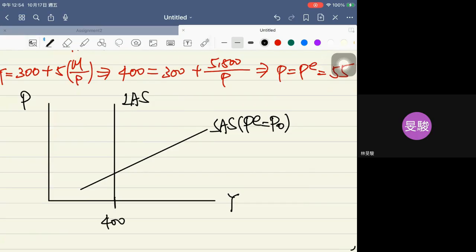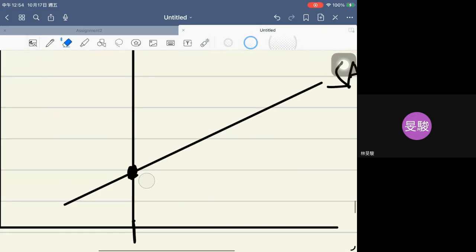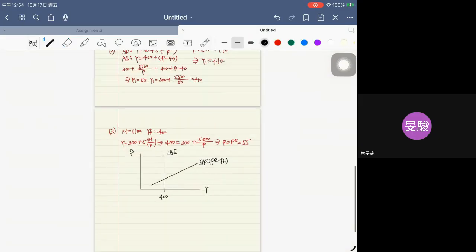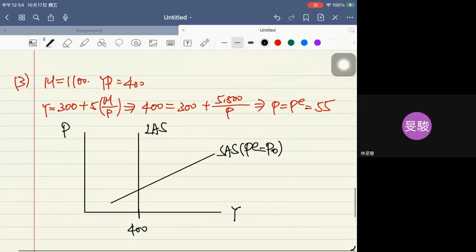The initial equilibrium we denote as... oh sorry, I haven't drawn the AD yet.